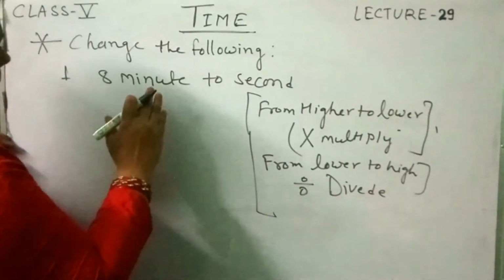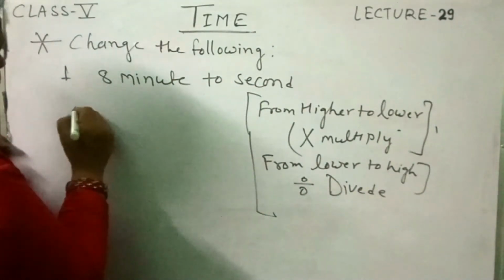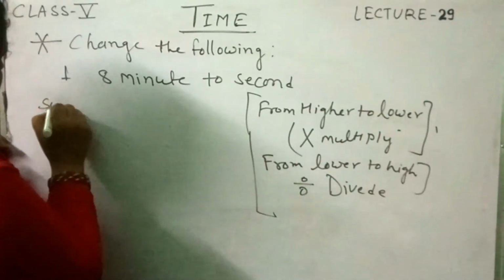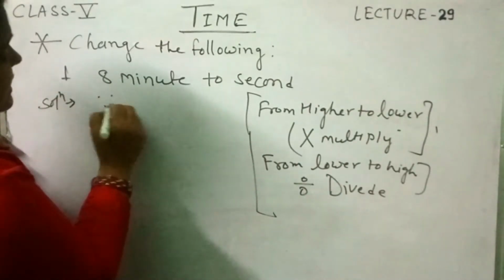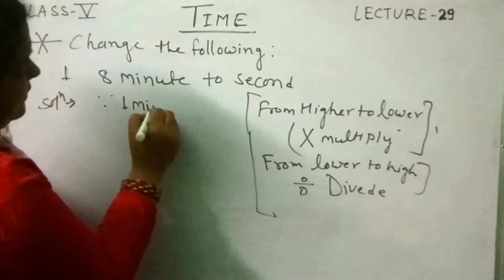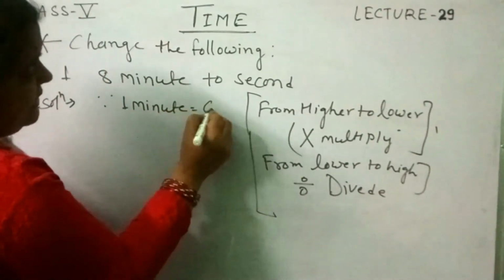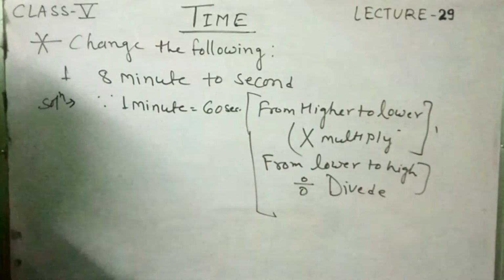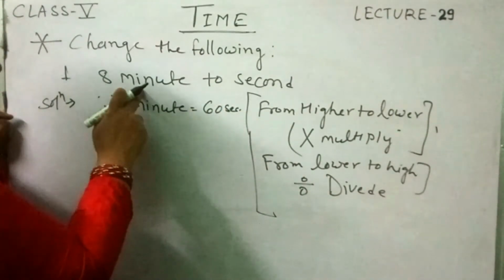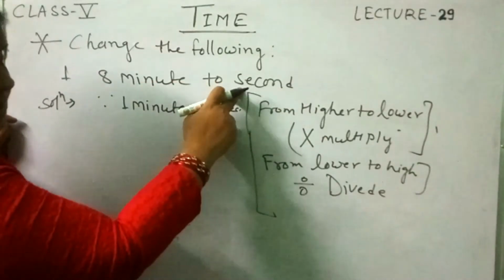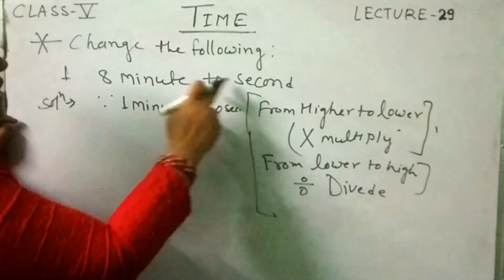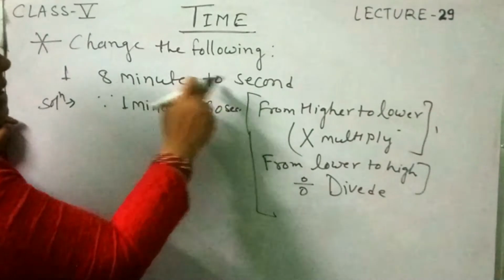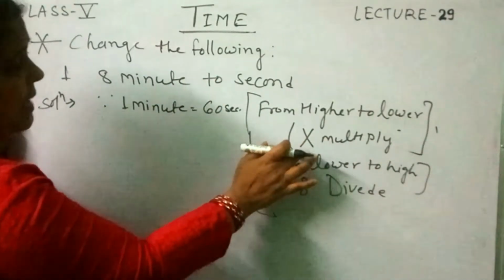Minute, then you have to write here, 1 minute is 60 seconds. Minute is higher and seconds is the lower unit. So from higher to lower, what do we have to do? We have to multiply.